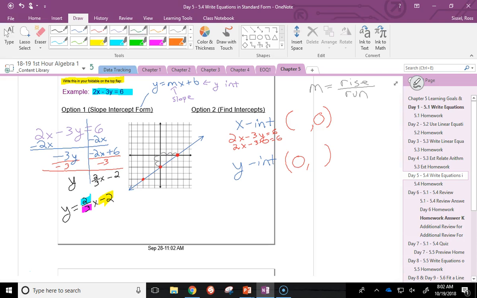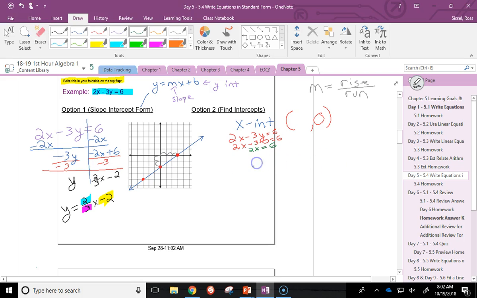Negative 3 times 0 is just 0, so I'd have 2x equals 6. And then divide by 2, and we get x equals 3. My x-intercept should be at (3, 0). Well, let's check our graph. We had 1, 2, 3 right there. We actually had that one.